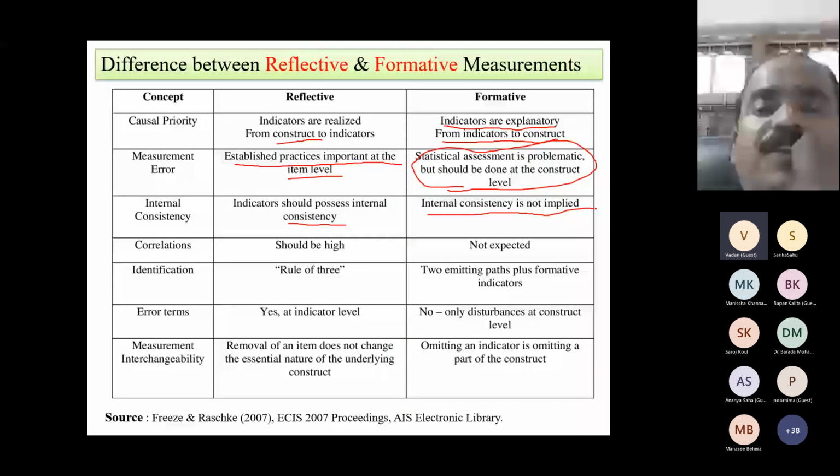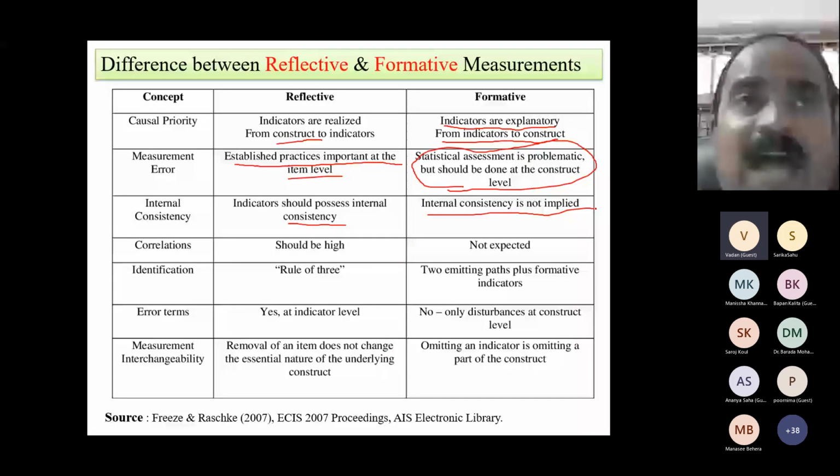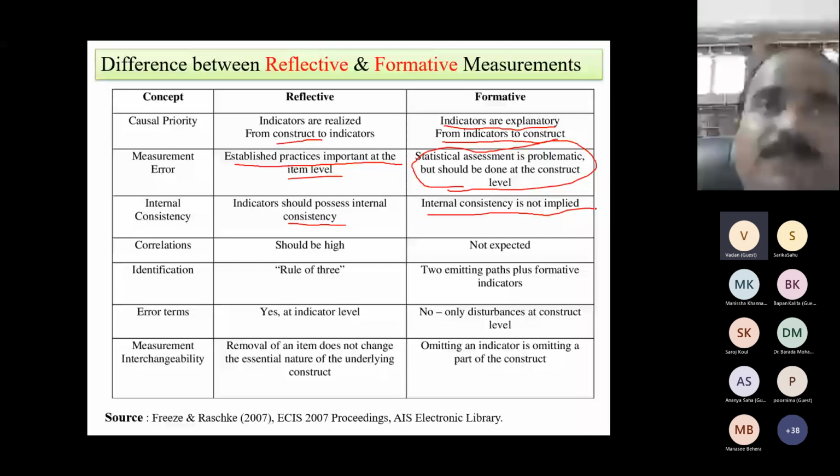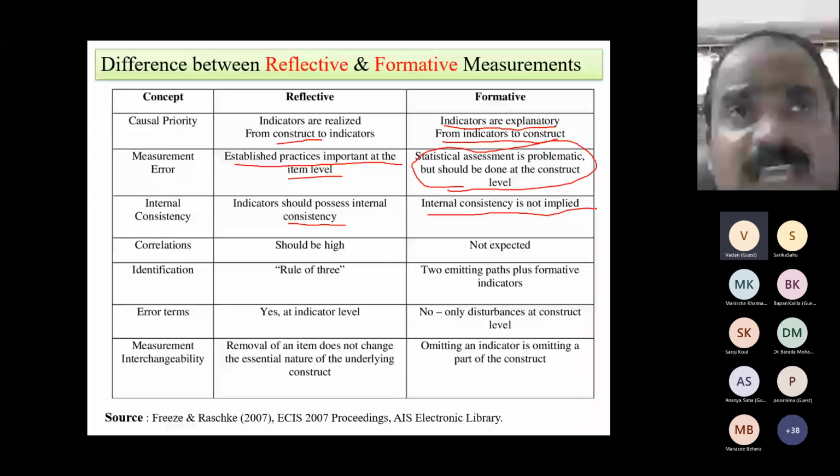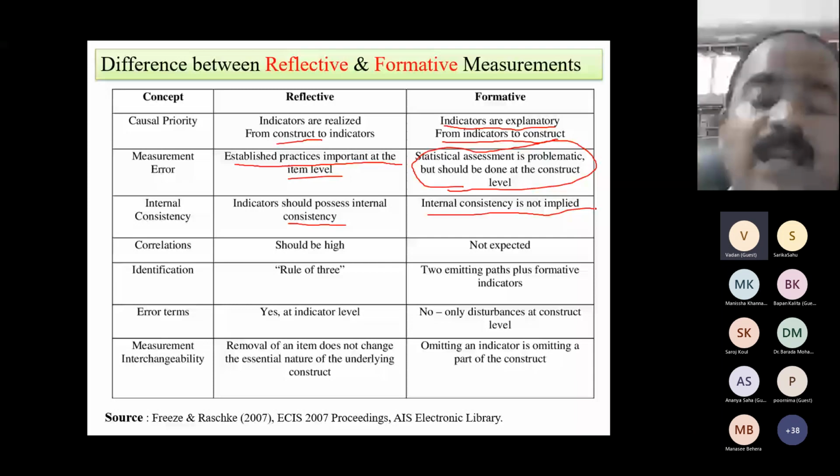Another reason why some article reviewers or thesis examiners do not agree with SmartPLS is this. If you are unable to say there is an internal consistency, then probably the projection of the sample result to the greater population is not valid. You cannot say that your sample result can be projected towards a greater mass.